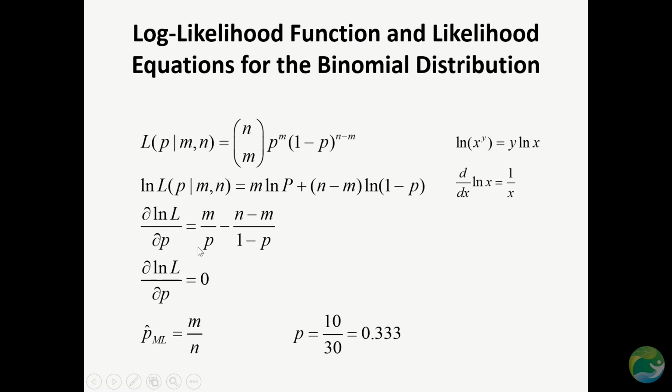When we take the derivative, this is the result. The maximum occurs when the derivative equals 0. So if we make this equation equal to 0, we will have the solution p equal to m divided by n. So this is the maximum likelihood estimate value.